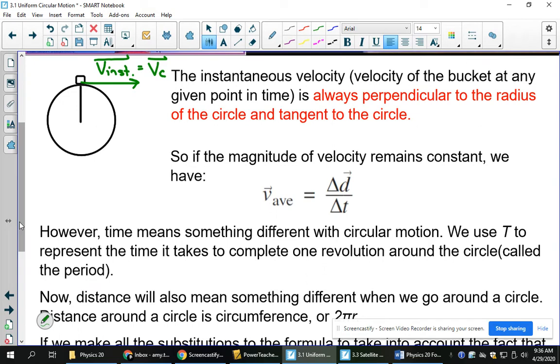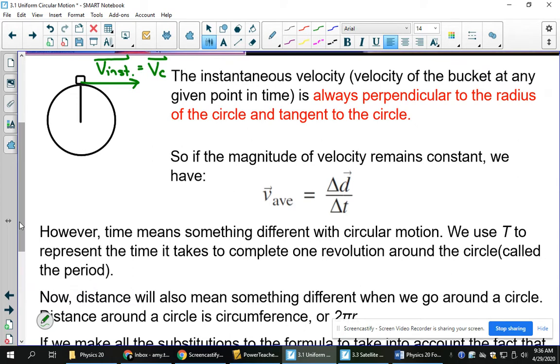So we can use good old v equals d over t from Science 10. However, we have to change what these represent, because distance and time, when you're talking about something moving in a circle, is going to be different terminology.